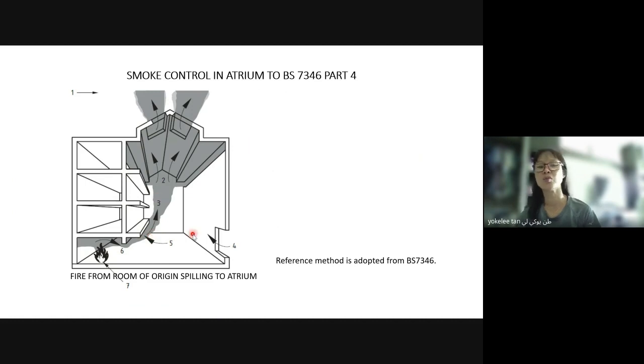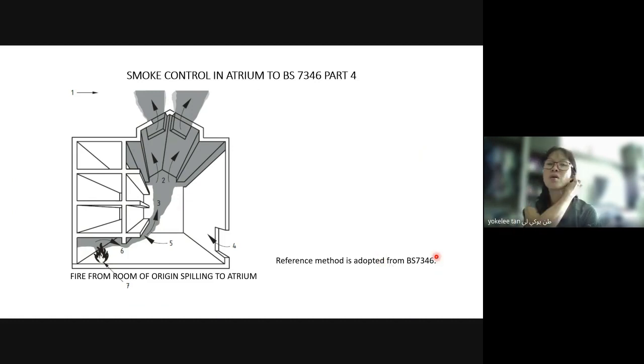Between the two scenarios, you work out which one is the determining factor, which one requires a higher extraction rate, whether it's fire inside the atrium or fire in the room adjacent to the atrium. We will use BS 7346 for the open atrium.